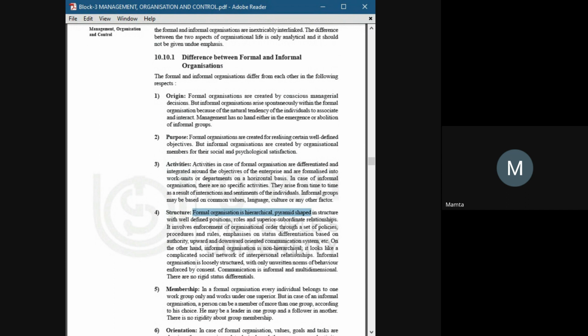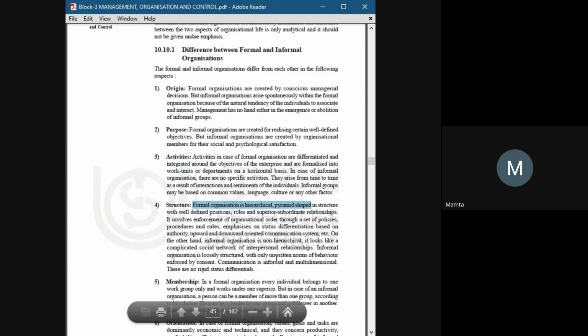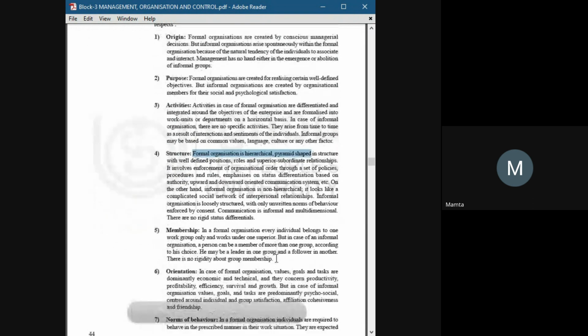So that's how informal organization works. There is no defined structure. Membership. In a formal organization, every individual belongs to only one group and works under one superior. But in case of informal organization, a person can be a member of more than one group, a group of their choice.